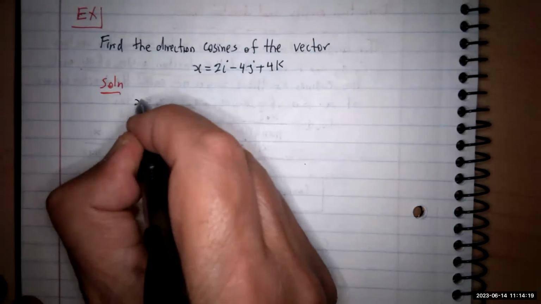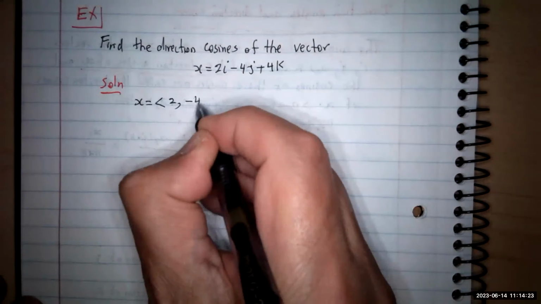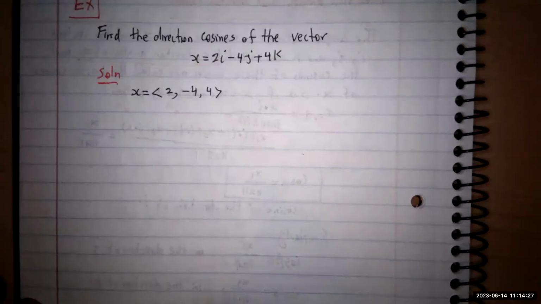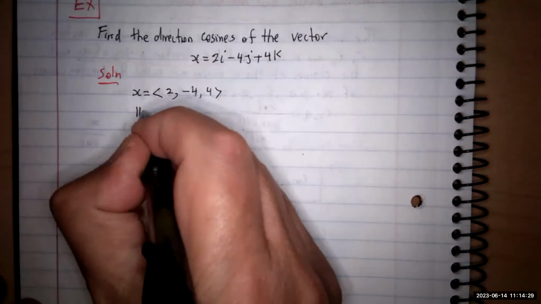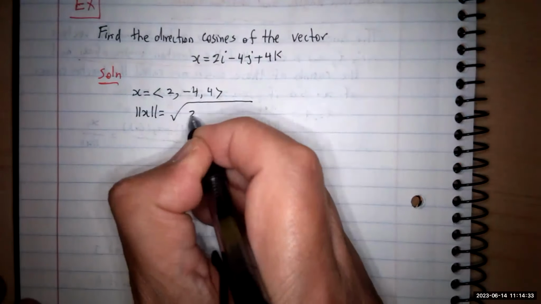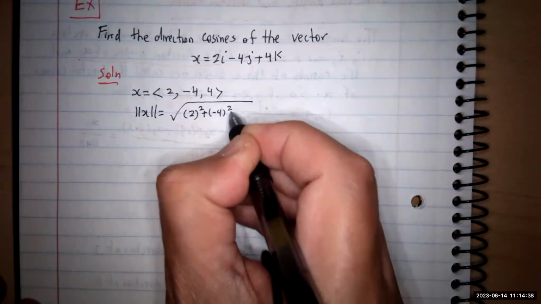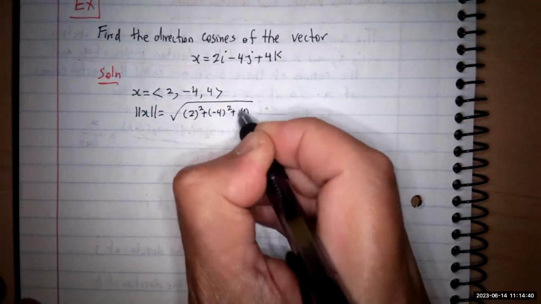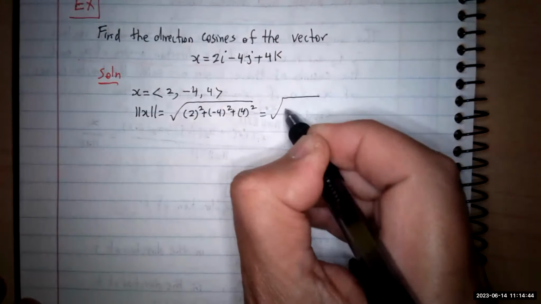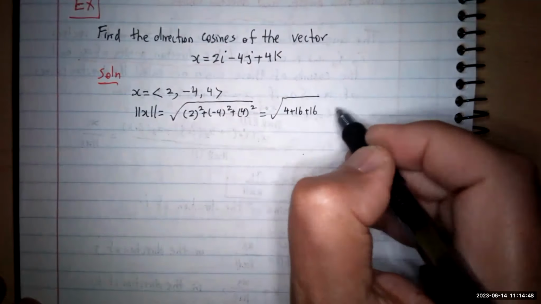That's it. So your vector is what? It's 2, -4, and 4. So you need the norm of x. The norm of x is going to be the square root of 2 squared, -4 squared, and 4 squared. So 2 squared is 4, 16, 16, 32, 36.